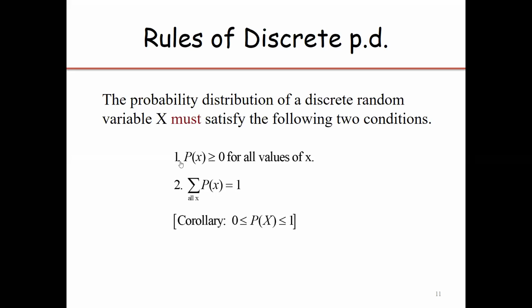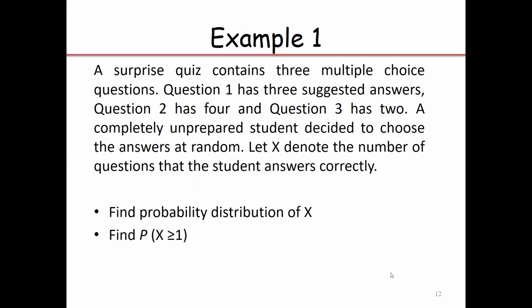For a discrete distribution, the sum is 1, all probabilities are greater than or equal to 0, and the total of all probabilities is 1. It means probabilities are always between 0 and 1. The minimum value of a probability is 0 and the maximum value is 1.